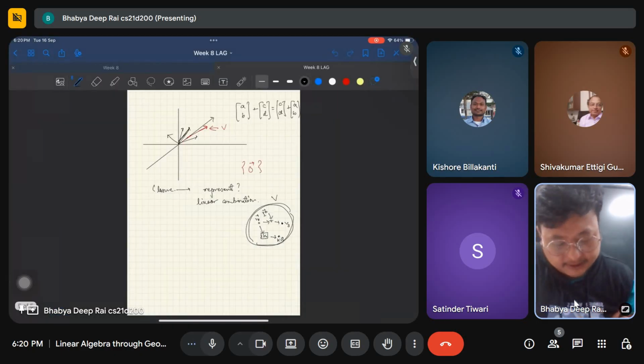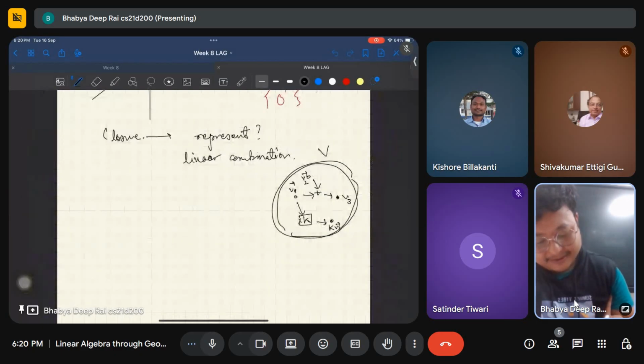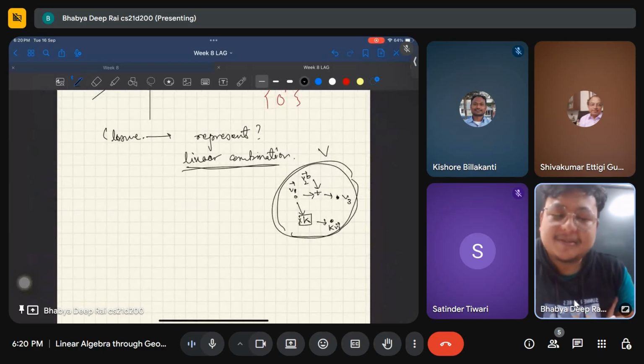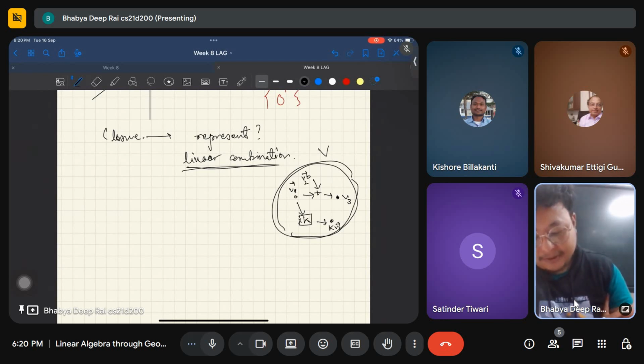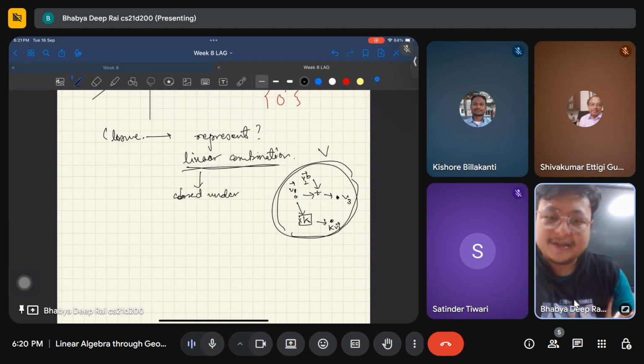So what does it mean? This is just a linear combination. You're adding two vectors, or multiplying a vector by a scalar. So closure under addition and scalar multiplication simply means closed under linear combination.